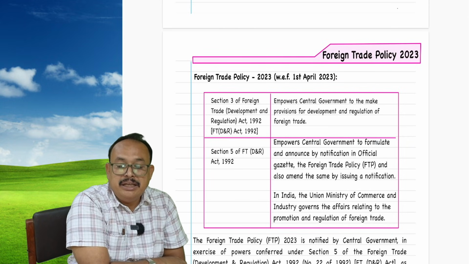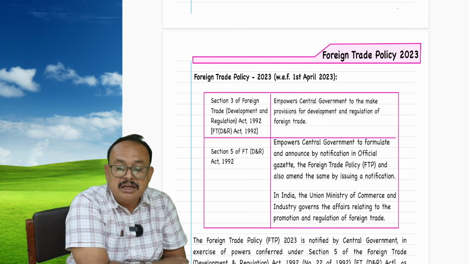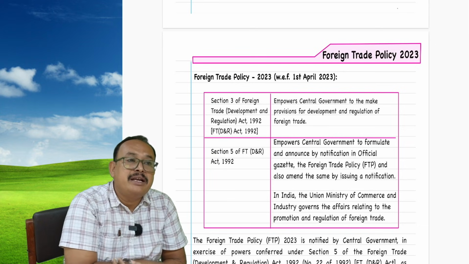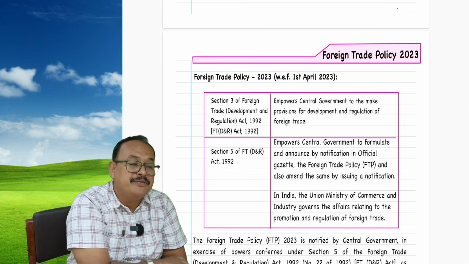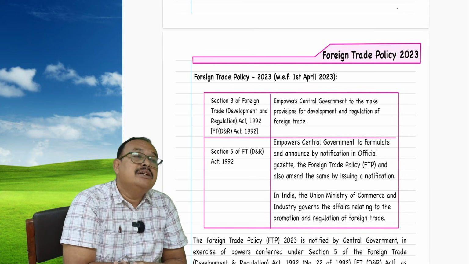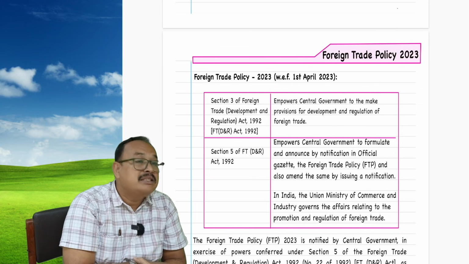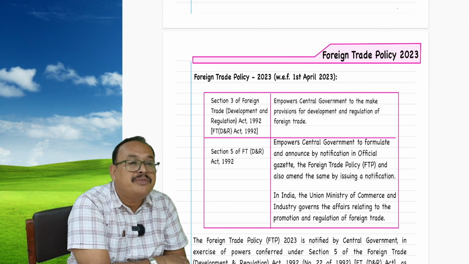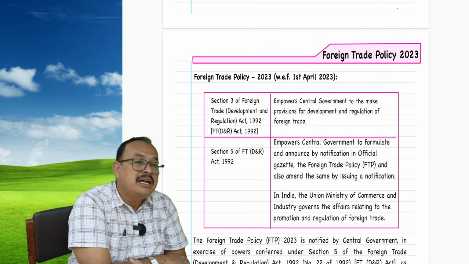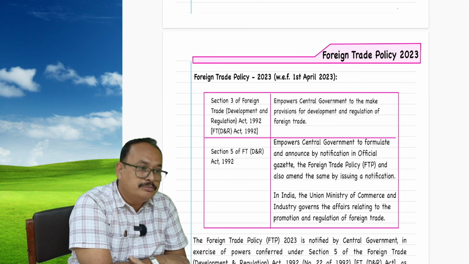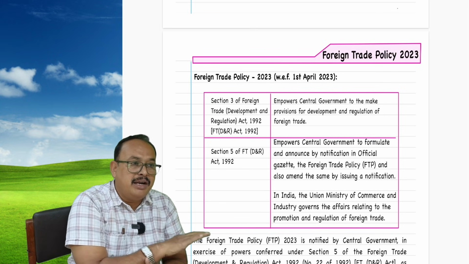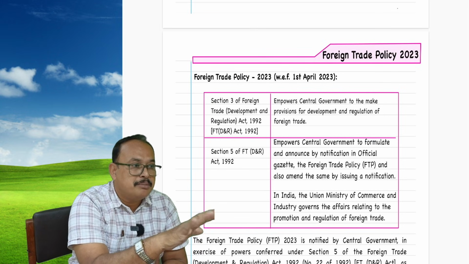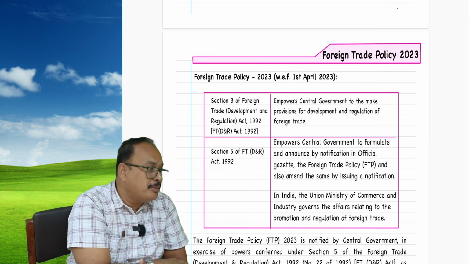Under that, the Ministry of Commerce and Industry governs the affairs of foreign trade promotion with the help of a mentor, namely the DGFT. DGFT circulars are final, not the CBIC circulars. Under the foreign trade policy, the DGFT acts as the supremo mentor. Got the clarity? With this, the foreign trade policy marathon is completed. Super revision is completed.